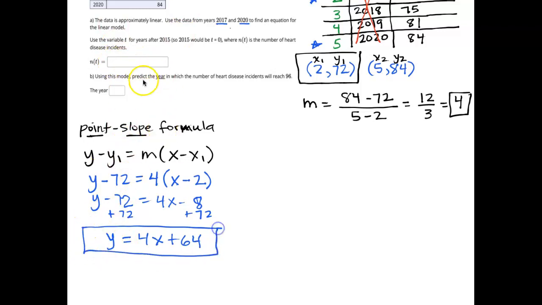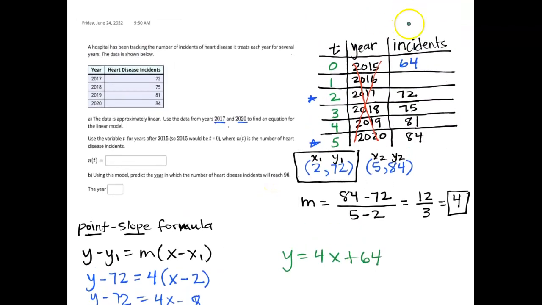And then the next part is asking me to find the year in which the heart disease will reach 96. All right, well, if I'm going to take this formula that I found, so I'm going to write it over here, y equals 4x plus 64. And y, in this case, is the number of incidents, right?